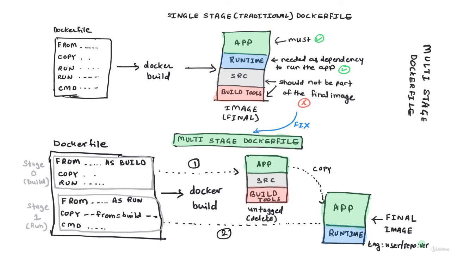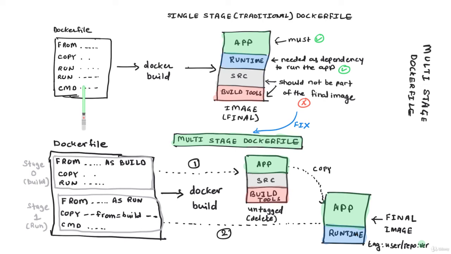And this concept was actually added fairly recently. Docker was created in 2013. So this multi-stage concept was added sometime around 2017. Before that, this was a long pending issue, because what people used to do was write two Docker files, one for the build stage. They would run that Docker file and create a sort of intermediate image.